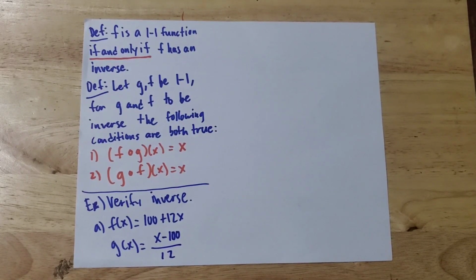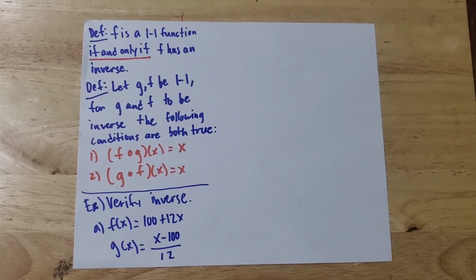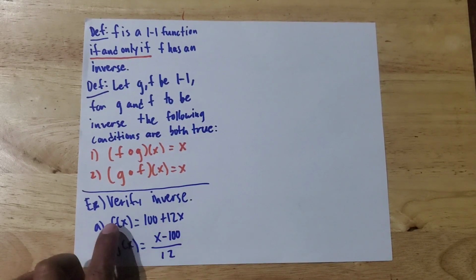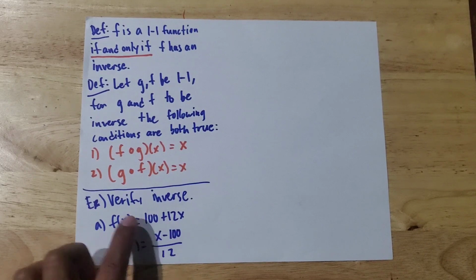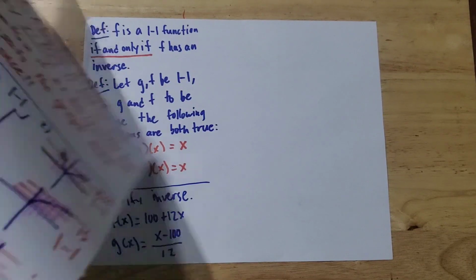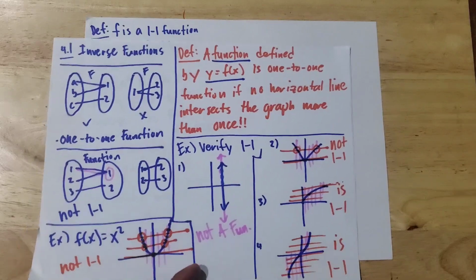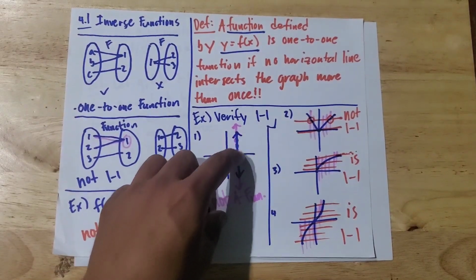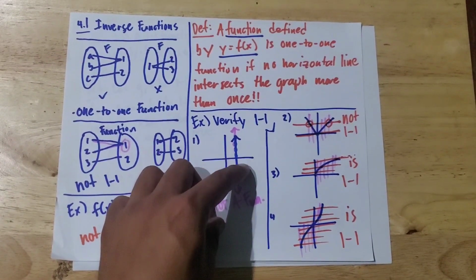Alright, if you notice, both of these are linear functions. If you remember, like y equals mx plus b. And this same thing is just in a fraction, but this is still a linear function nonetheless. So we already know they're functions. That means we're not dealing with a vertical line, because even though it is linear, it's not a function because it fails the vertical line test.